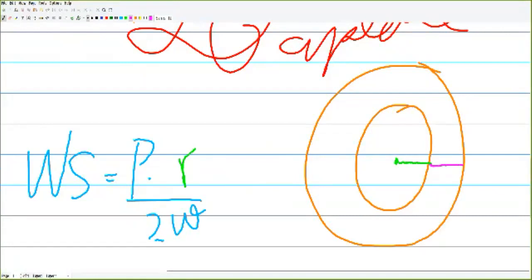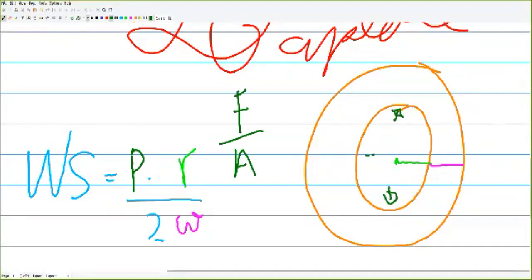That's the wall thickness, or just W. And the pressure, we know that the pressure is force per area. So it's a force here going over a certain area. And the blood is inside here, okay? So that's the wall. That's the wall stress.